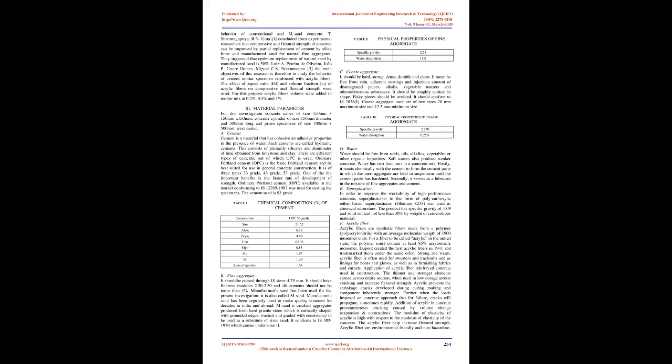T. Shanmugapriya and R. Anuma [4] concluded from experimental research that compressive and flexural strength of concrete can be improved by partial replacement of cement by silica fume and manufactured sand for natural fine aggregates. They suggested that the optimum replacement of natural sand by manufactured sand is 50%.